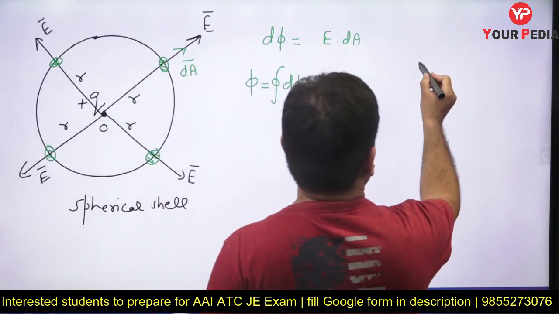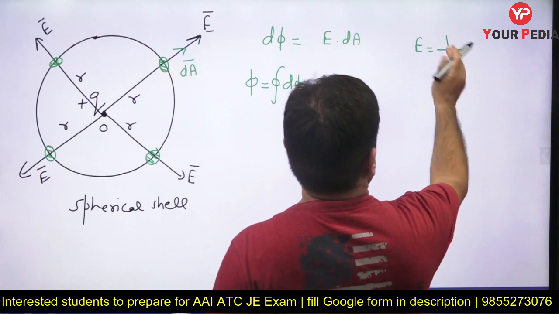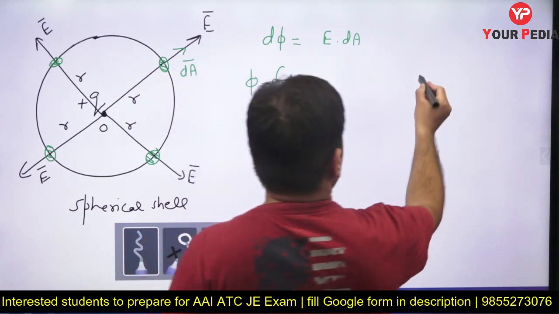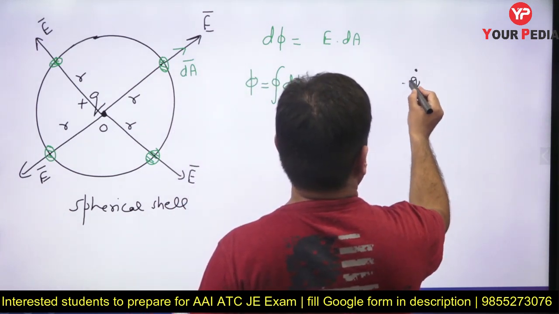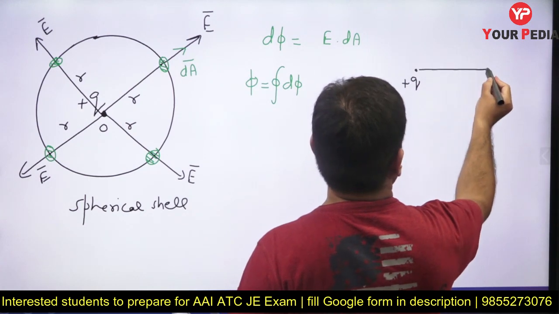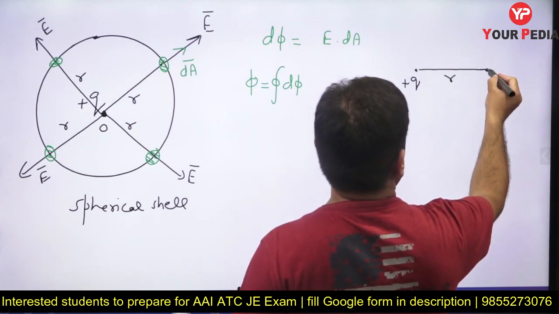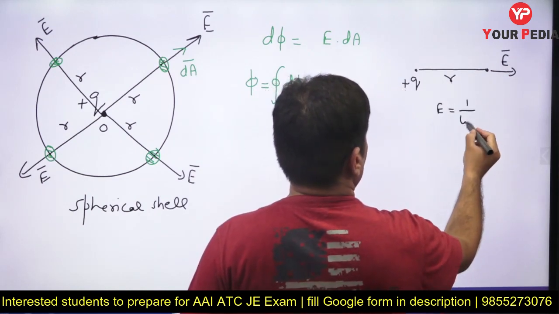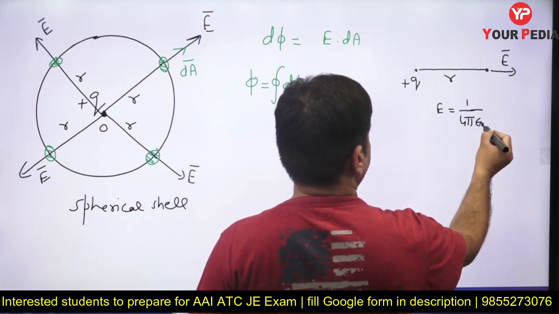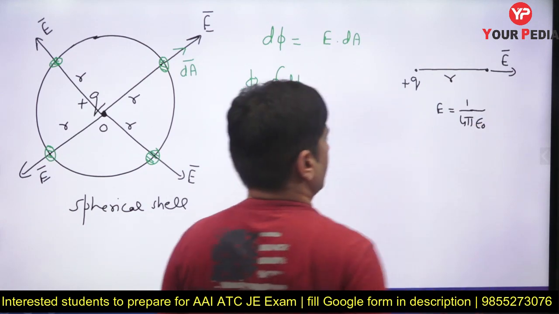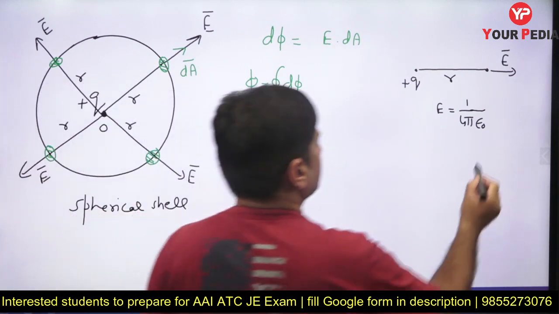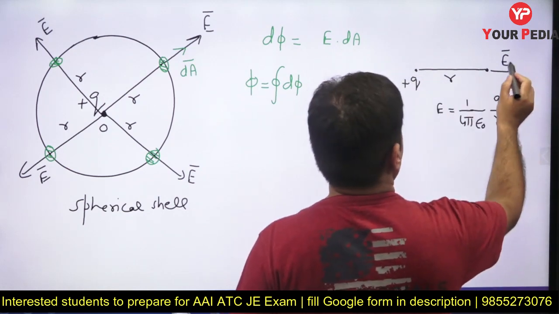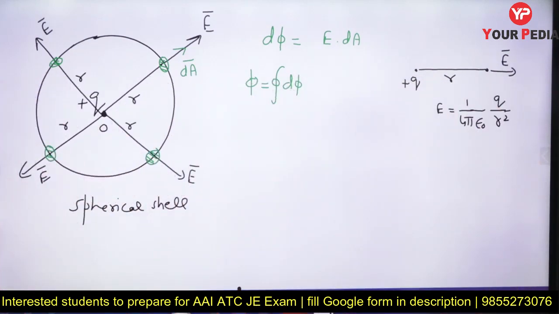In electrostatics, we have discussed that if I give you a charge Q, and I want to find out the electric field at a particular distance R because of this positive charge Q, then Coulomb's law says 1 by 4 pi epsilon naught, Q by R square, and the direction is away from the charge Q. This formula we already know.